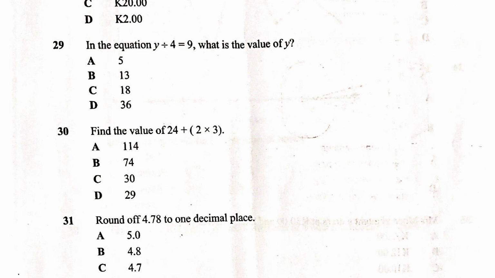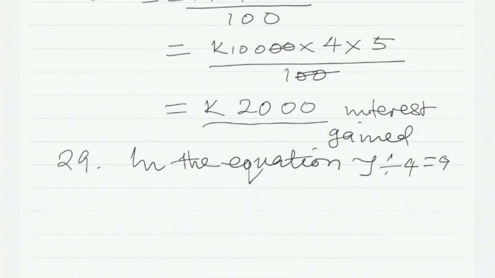We come to 29. 29 says, in the equation, y divided by 4 equals 9. The opposite of multiplication is actually division.